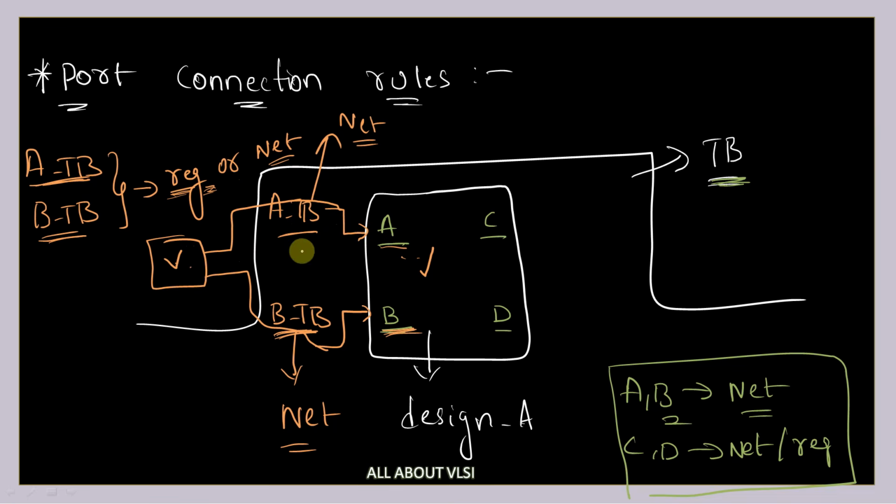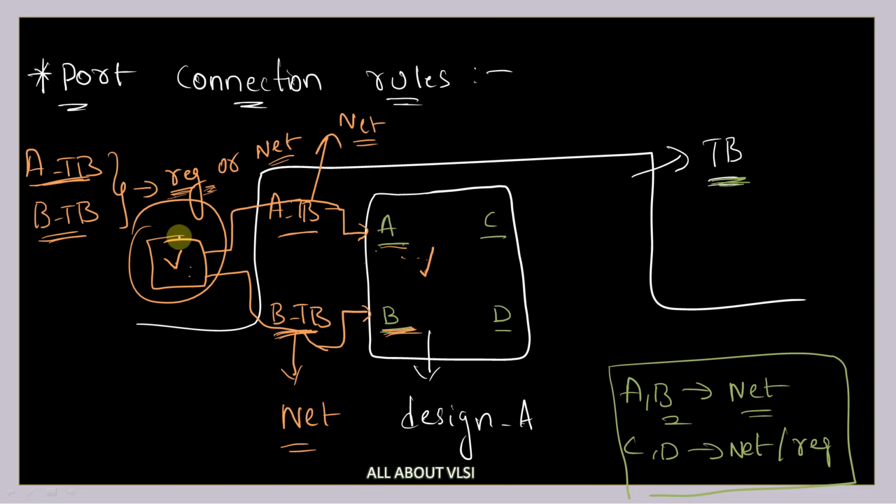But if your requirement is that you are going to connect this module and another module inside your test bench, then you should declare A underscore TB and B underscore TB as net. Or else you can simply declare them as reg.